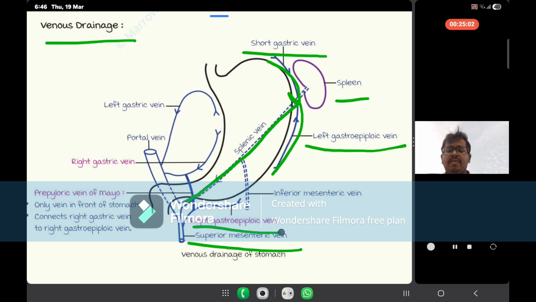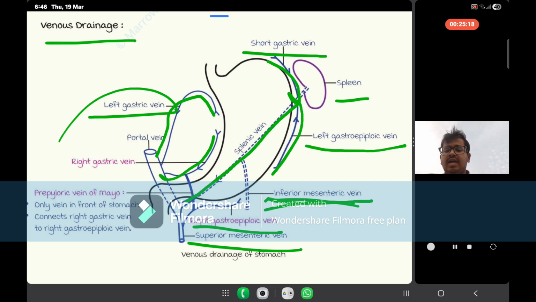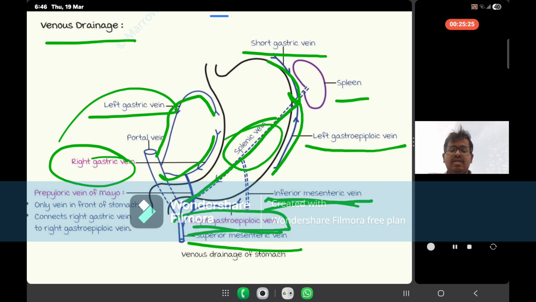This is the right gastroepiploic vein. This is the inferior mesenteric vein. Left gastric vein, and this is the right gastric vein. This is the splenic vein and right gastroepiploic vein, and this is the inferior mesenteric vein.